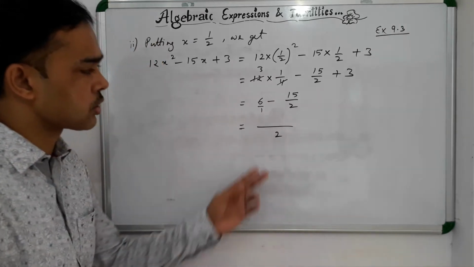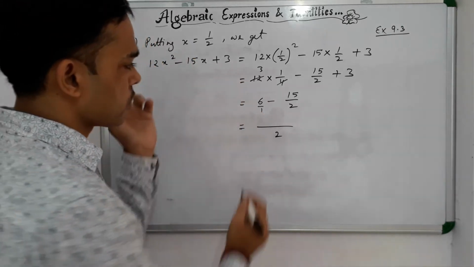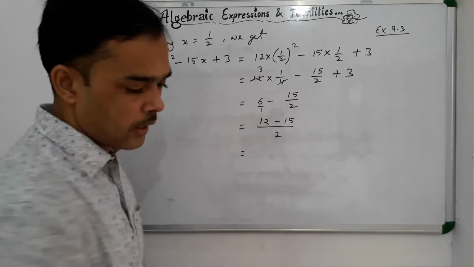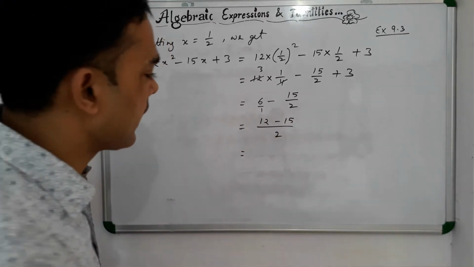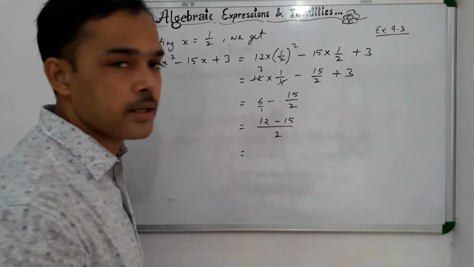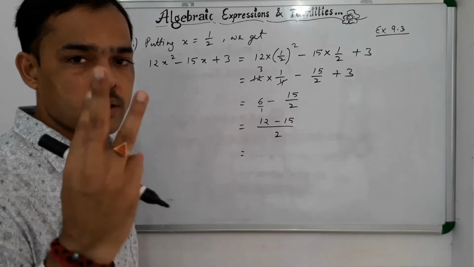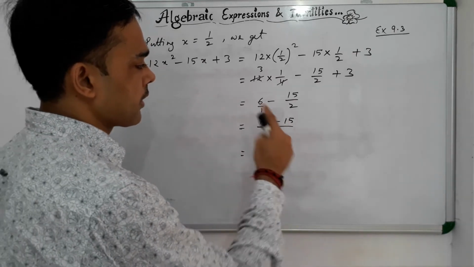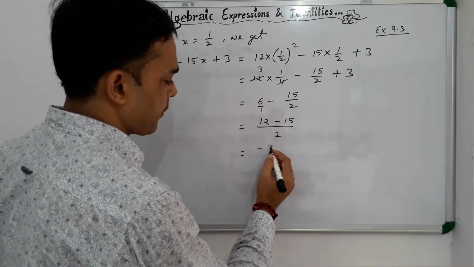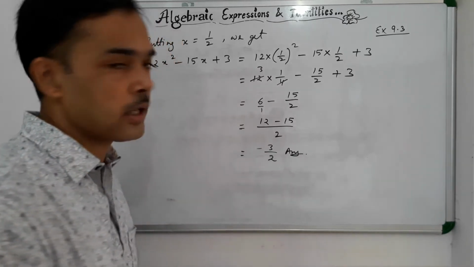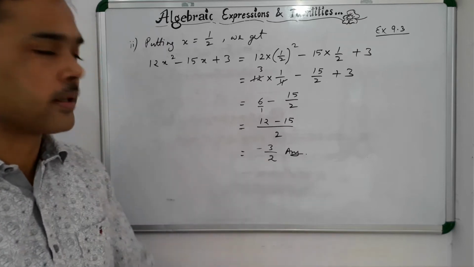When you divide 2 by 1, you get 2. 2 into 6 will be 12, minus 15. Now you can observe here that these two have different signs, so they will be subtracted. So 15 minus 12 is 3, but since 15 has the greater absolute value, we will put the negative sign, and in this manner the answer that you get over here is minus 3 by 2.